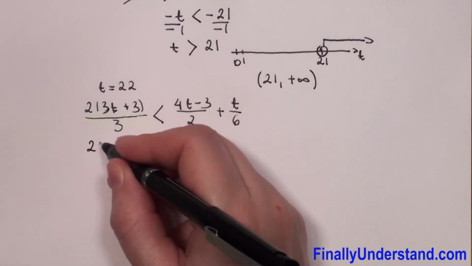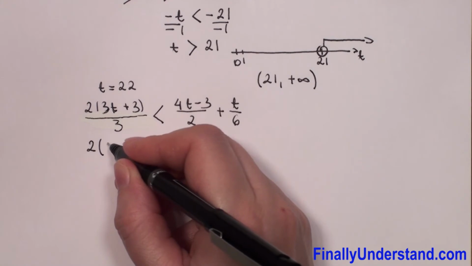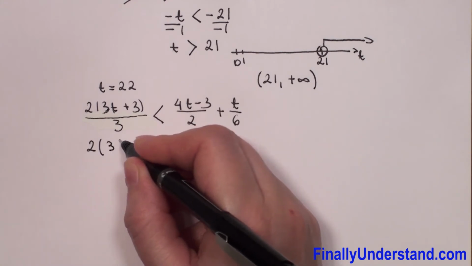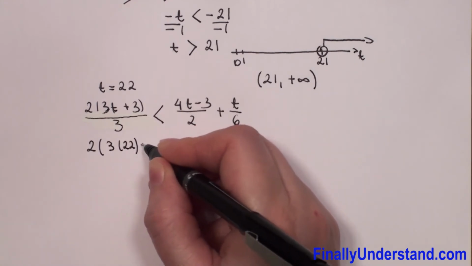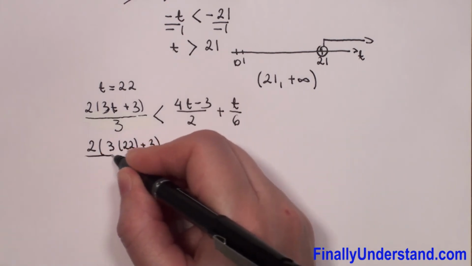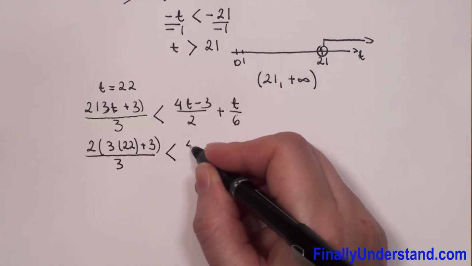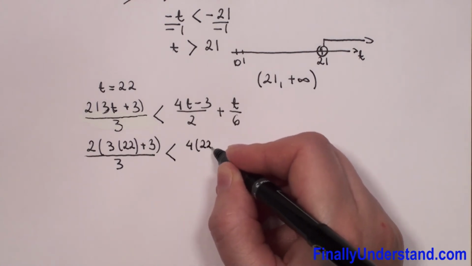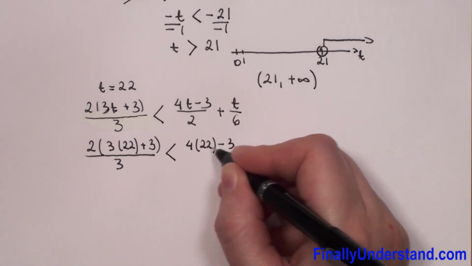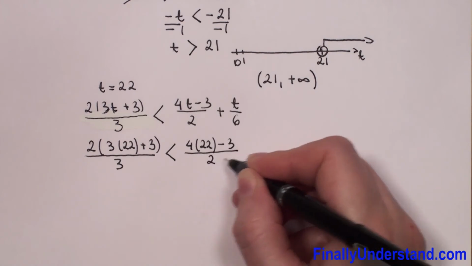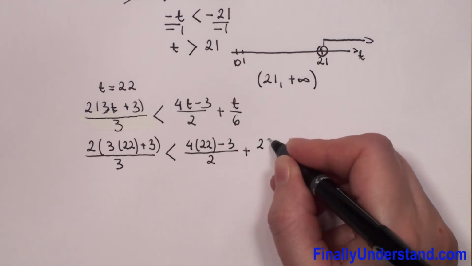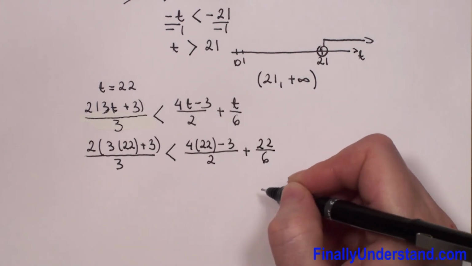So I have 2 times, in parentheses, (3 times 22 plus 3) over 3 is less than (4 times 22 minus 3) over 2 plus 22 over 6.